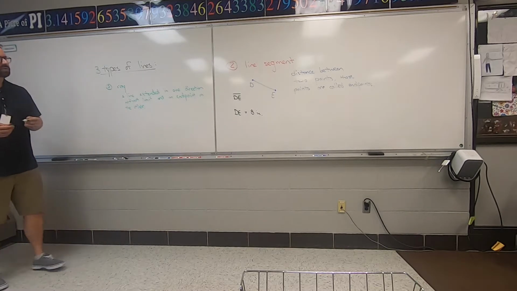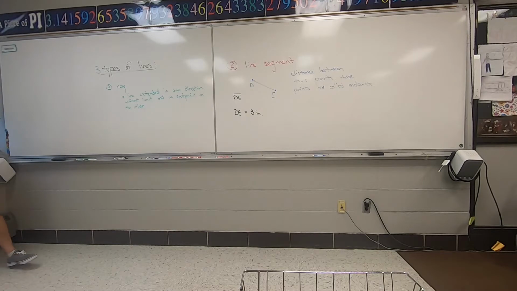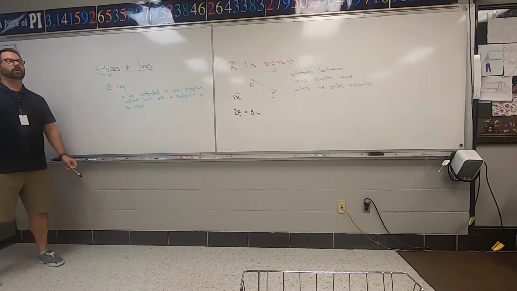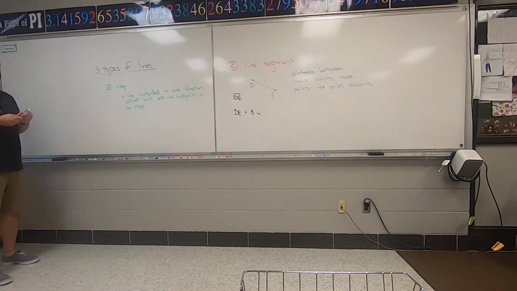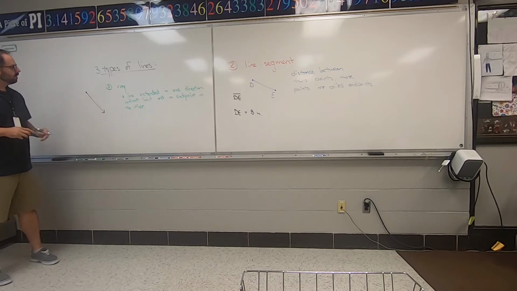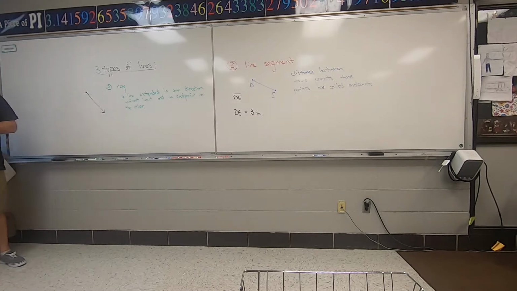Sorry, my penmanship is terrible today. A line extending in one direction without limit and an endpoint on the other. To me, it looks like an arrow, like a traditional arrow you'd see if you were drawing one on a piece of paper. Endpoint, arrow. It can point in any direction.